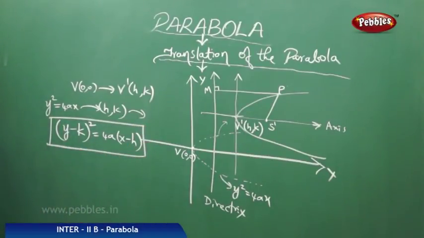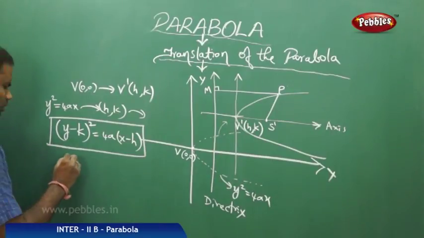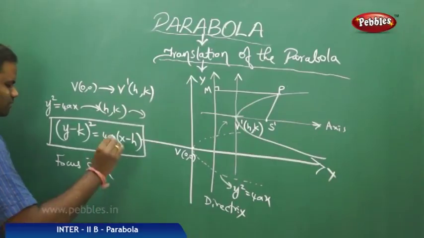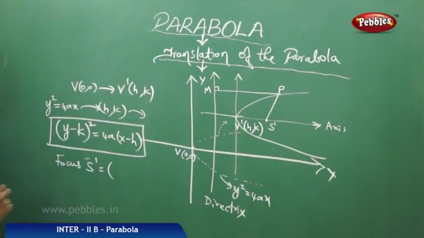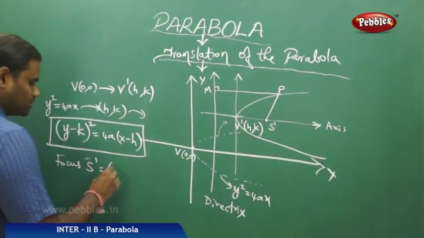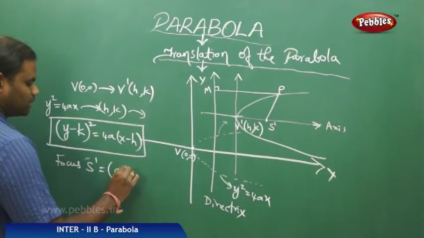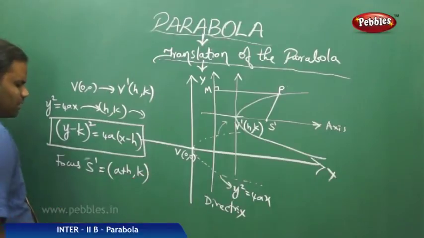This is the parabola out here, and the focus S, which S dash, which is (a,k) for the original, (a,0) for the original, gives us (a plus h, k) for the new parabola.